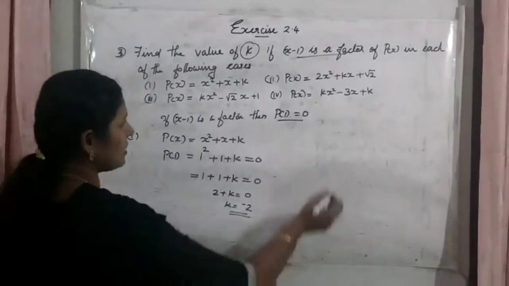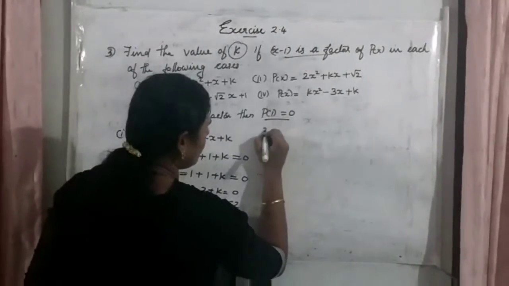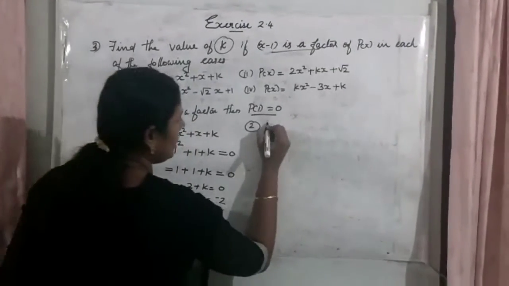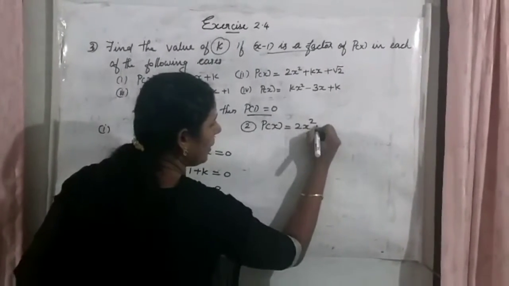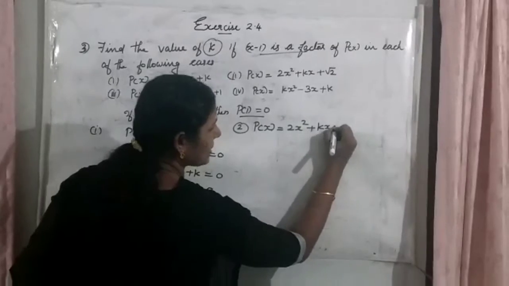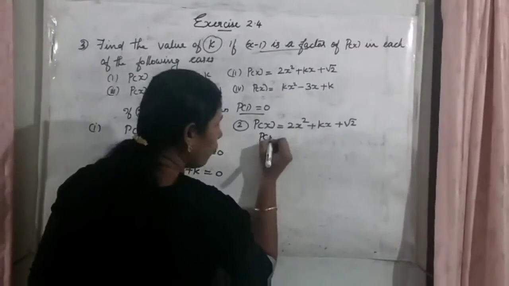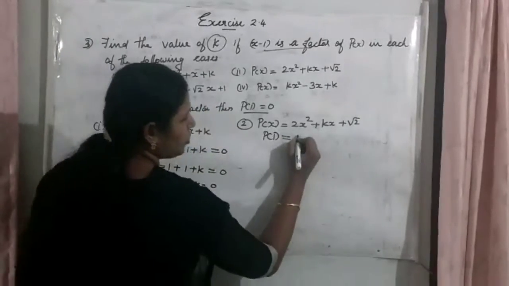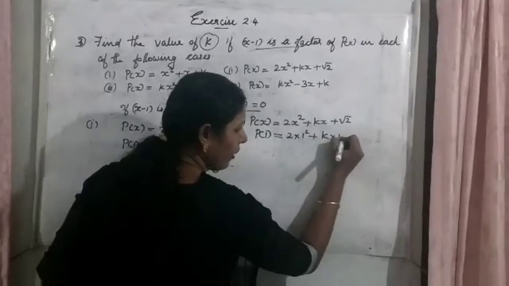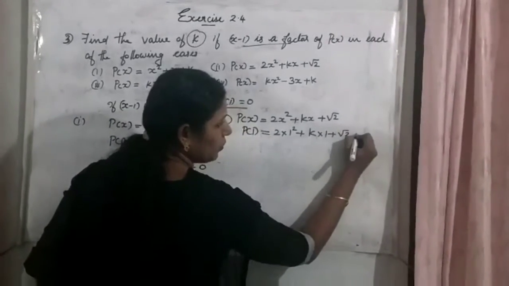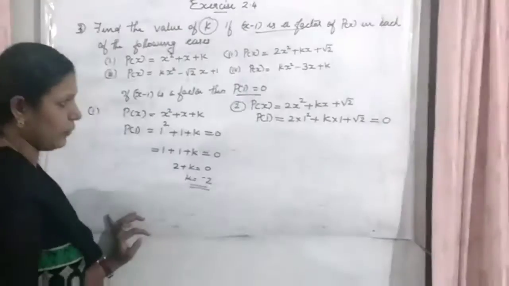Then the next question, the second question, is P of x equals 2x square plus kx plus root 2. Then P of 1 equals 2 into 1 square plus k into 1 plus root 2 equals 0.